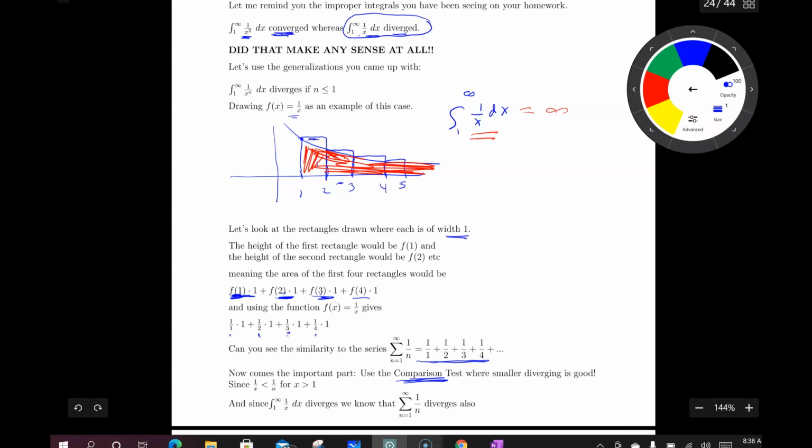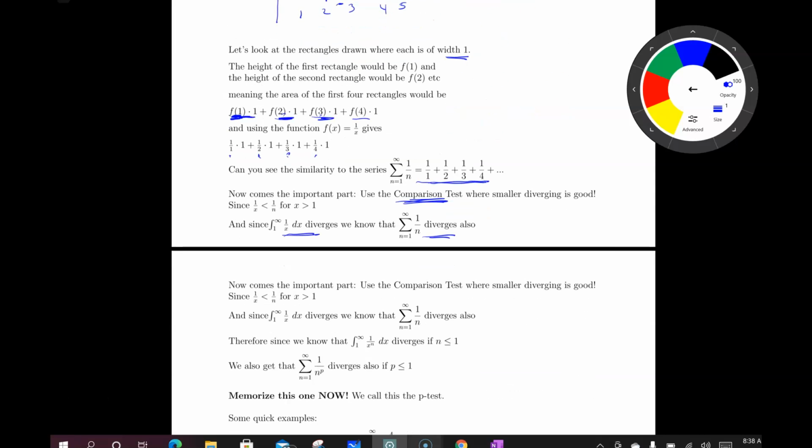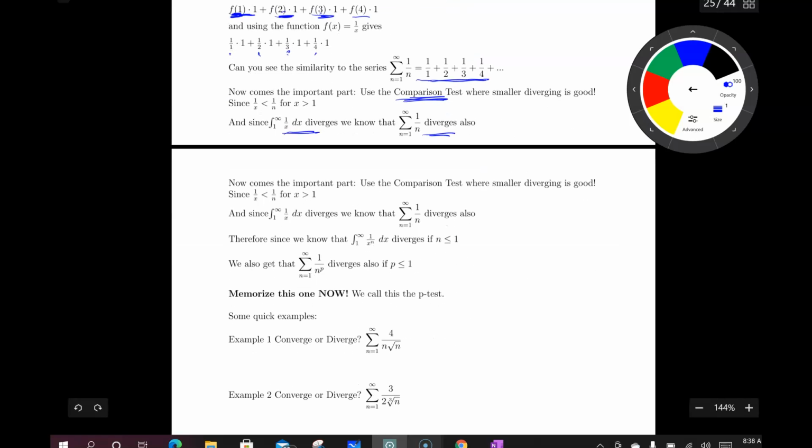So what can we conclude about the area of the blue that is more than it? Well, since the area of the blue will be more than the area of the red, that must diverge also. So since this one diverges, this one must diverge also. So that's the proof of the p-test for p equaling 1.